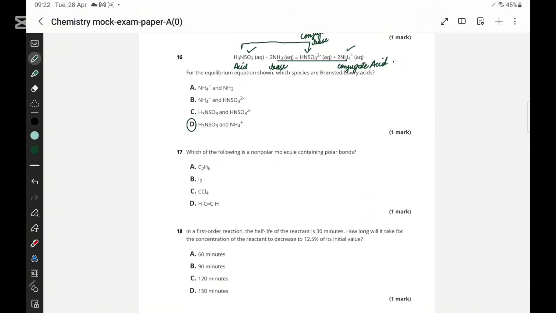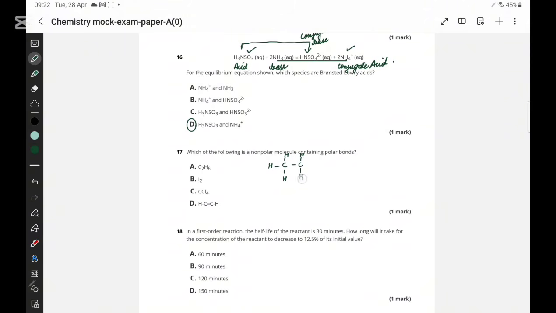Which of the following species is a non-polar molecule containing polar bonds? First of all, you can see we have these elements like carbon, carbon, hydrogen, hydrogen, hydrogen.